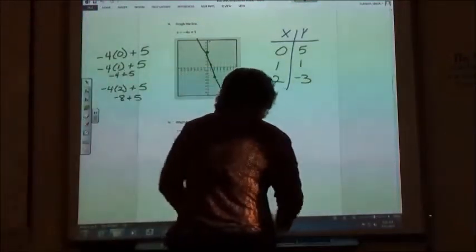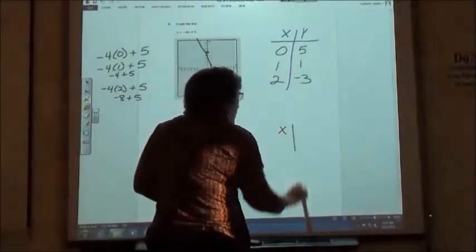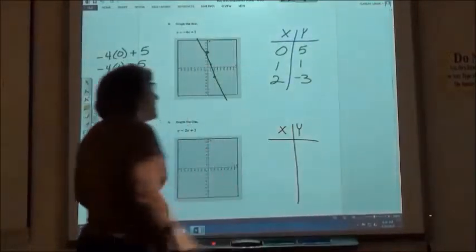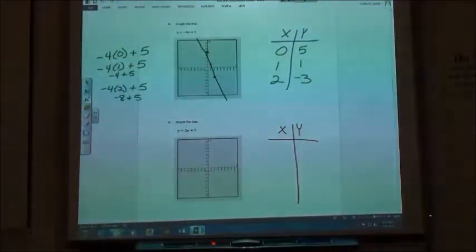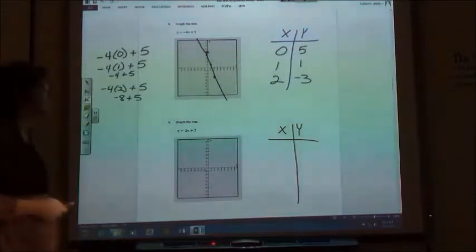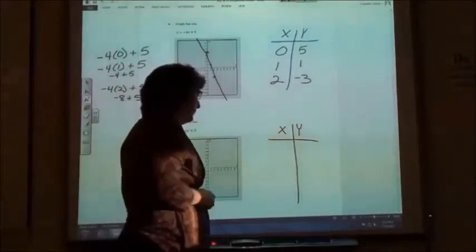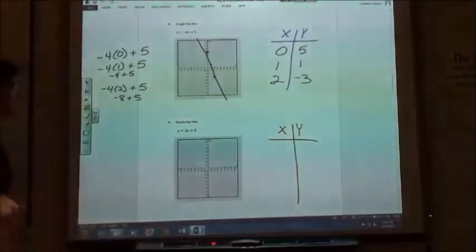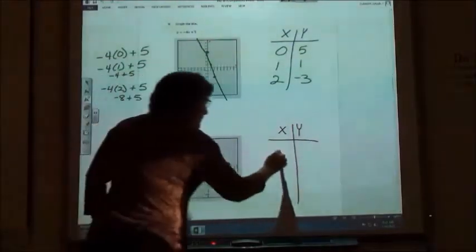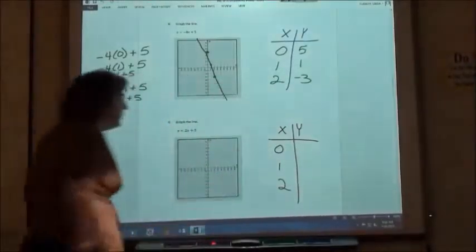So number 9. What should I do to graph that? X and Y, and then we're going to do 0, 1, and 2.